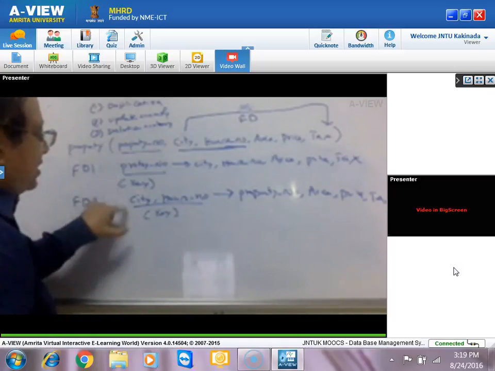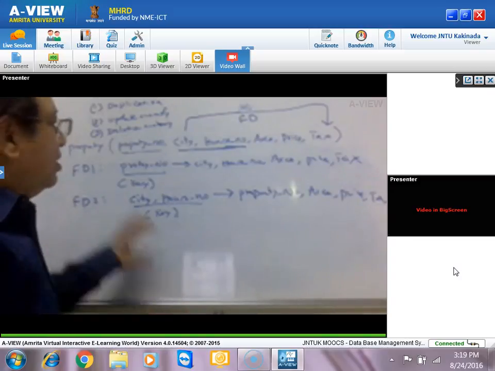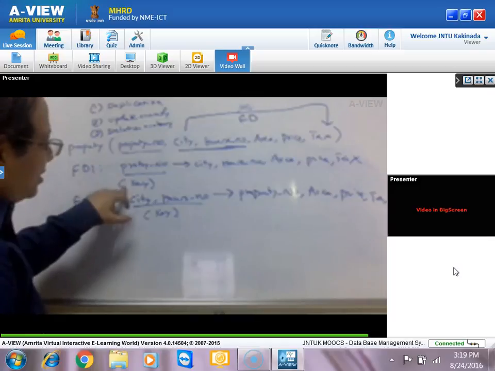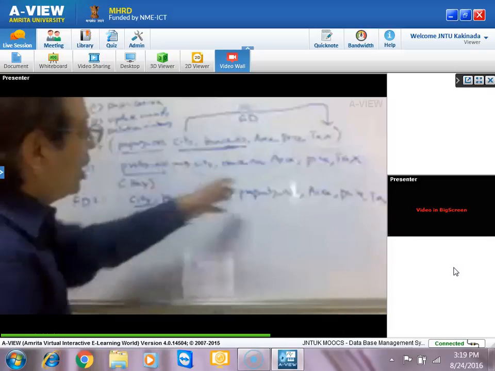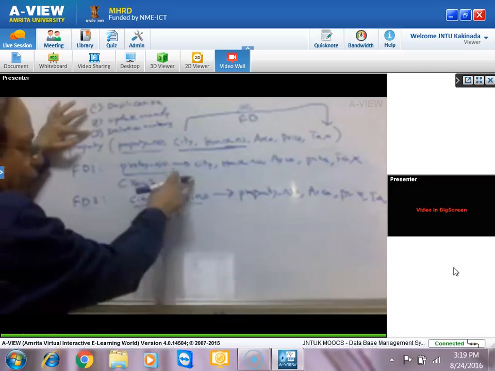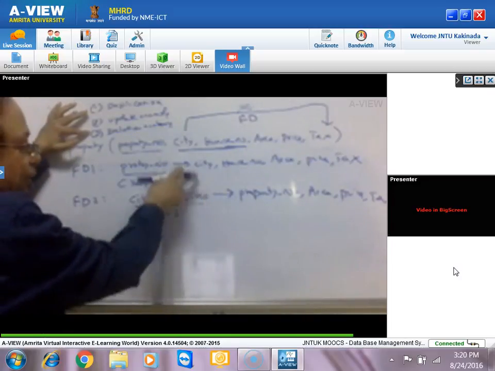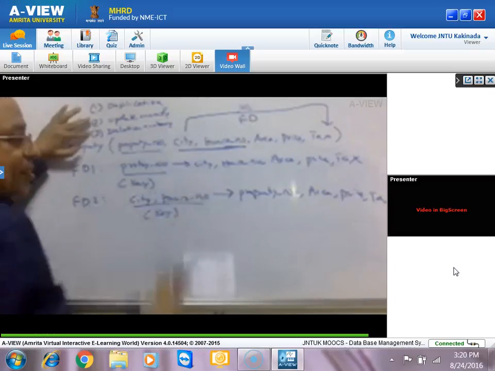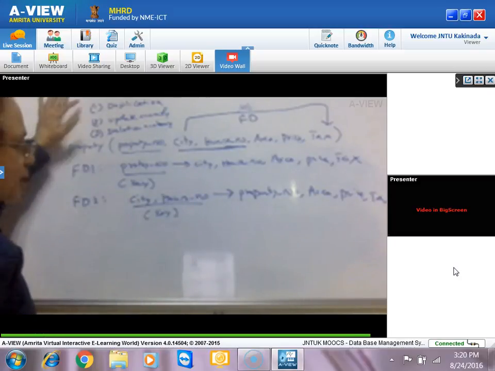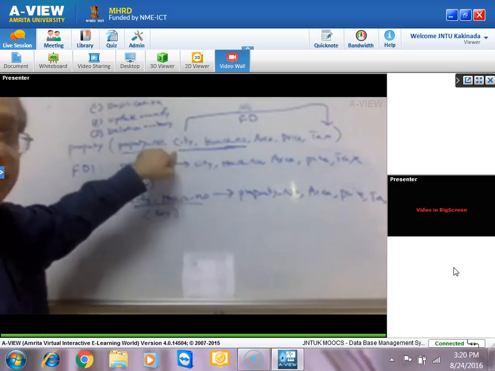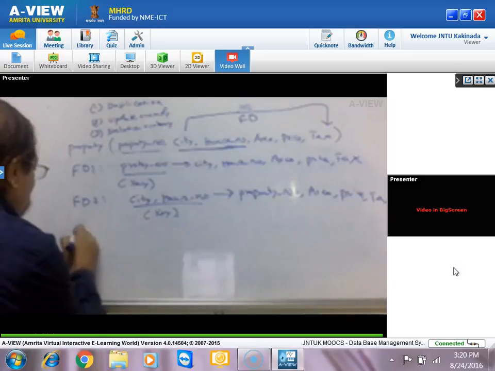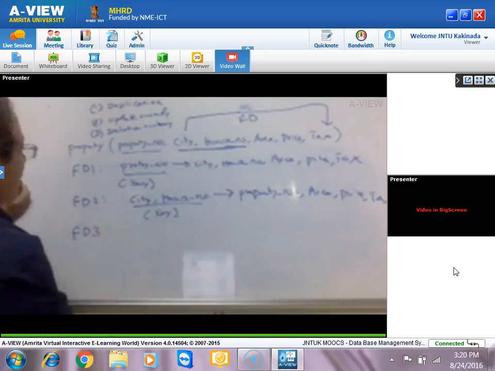This is also a key. So this also satisfies the BCNF requirement. Understand, if they satisfy the key requirement, then once this is the key, values don't get repeated, and hence duplication, update anomaly and deletion anomaly will not come with respect to these two functional dependencies. These two functional dependencies will not cause these problems because their left sides are keys.